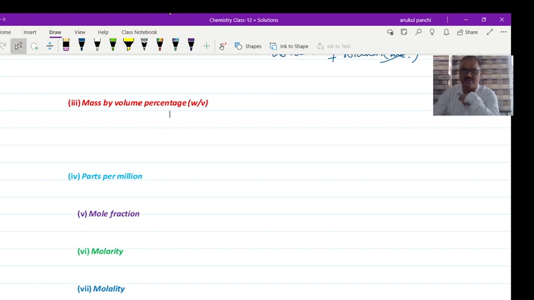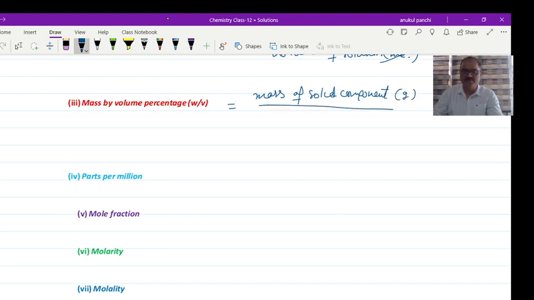So the solution has one solid component and one liquid component. So we will take mass of solid and volume of liquid, and the formula becomes mass of solid component, which will be in gram, upon volume of solution, and volume will be in milliliter, into 100.